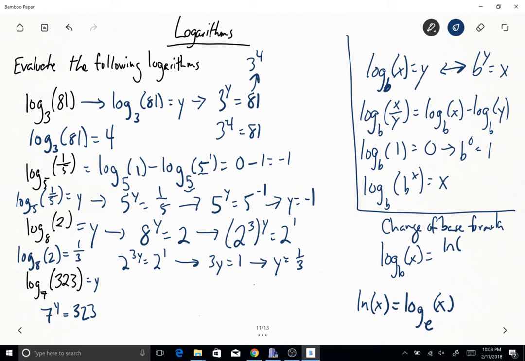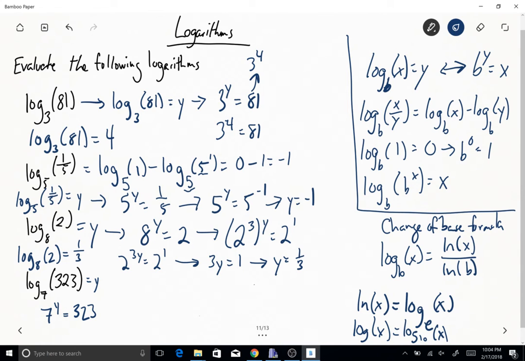The other one that you can use is a regular log. So log of x without the base sitting there, that's technically standing for a log base 10 of x. You could use that. Both of those are on your calculator. So what happens is, though, you could change this formula from the log base b of x to the natural log of x divided by the natural log of b.